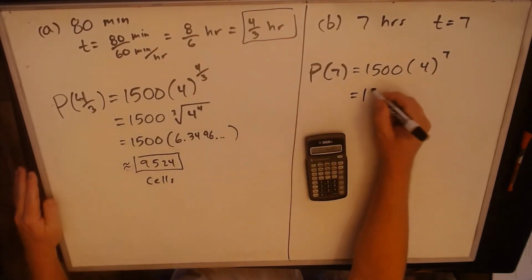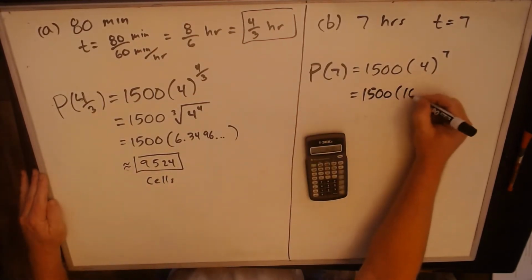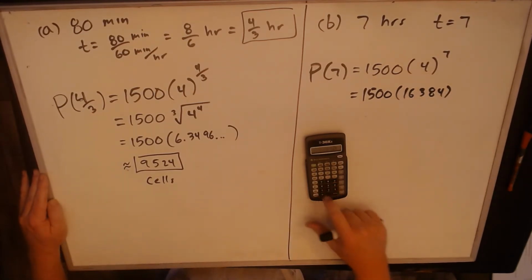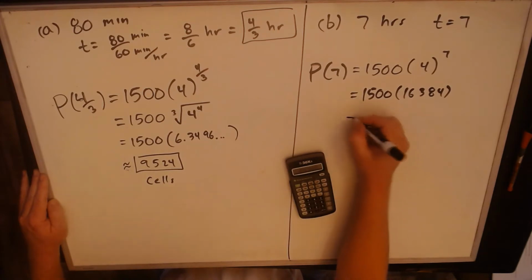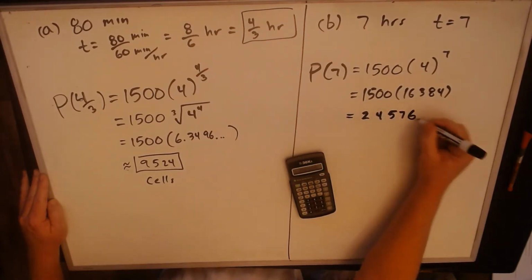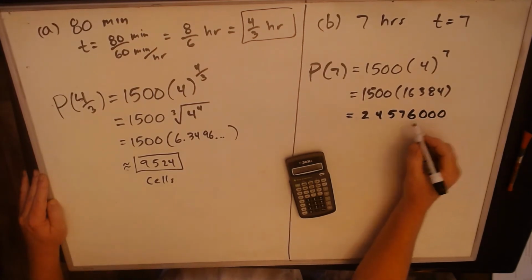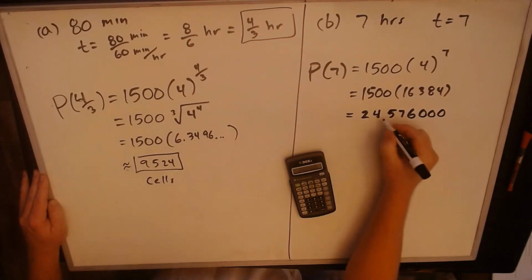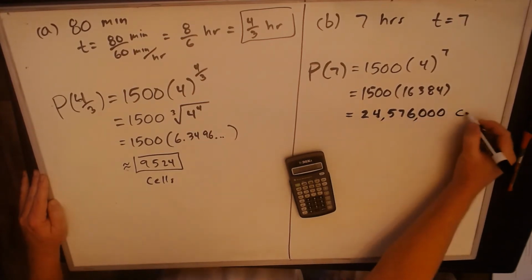So that's 1,500 cells times 16,384, and we're going to get a lot. I'll wait till I'm done writing it down to read it. So that'll be 24,576,000 cells.